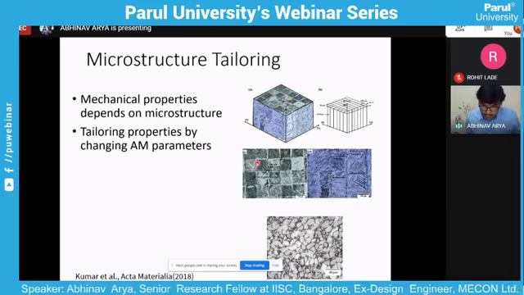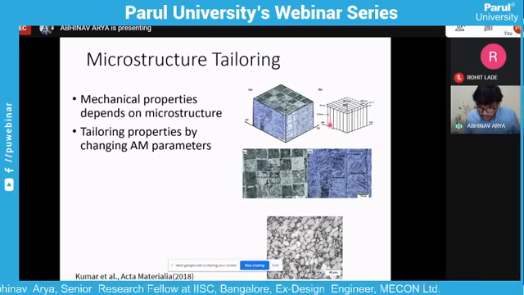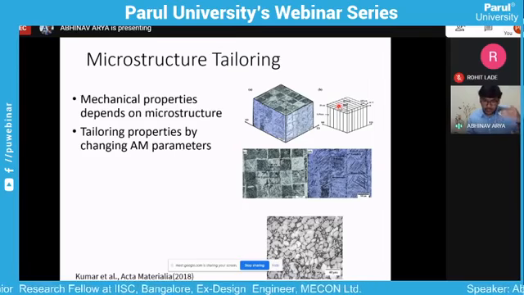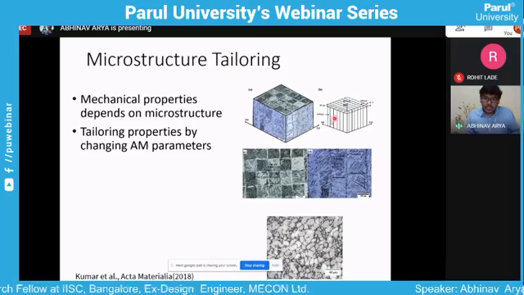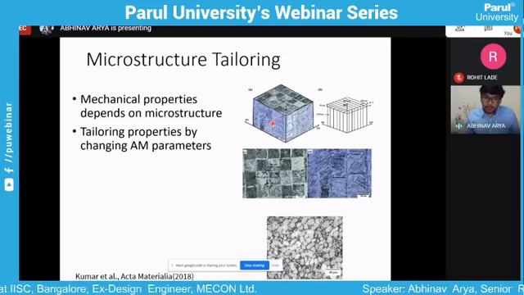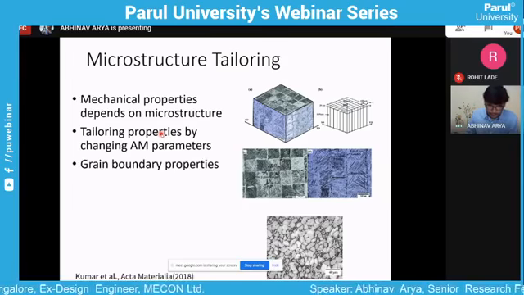We can change the build direction, or the angle of build at different layers. We can change the speed, the temperature, and so many things, and using those we can tailor the microstructure to whatever we need.